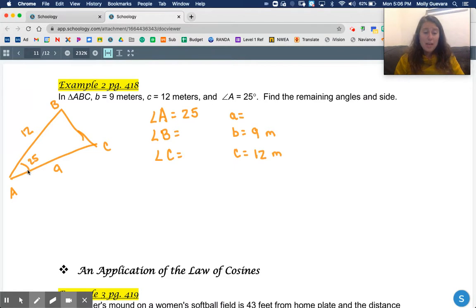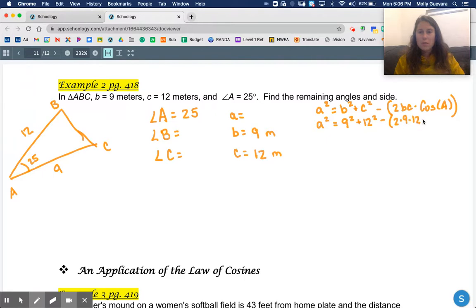Because I have angle A, I'm going to use a squared equals b squared plus c squared minus 2bc times cosine of A. So this gives me a squared is equal to 9 squared plus 12 squared minus 2 times 9 times 12 times cosine of A.